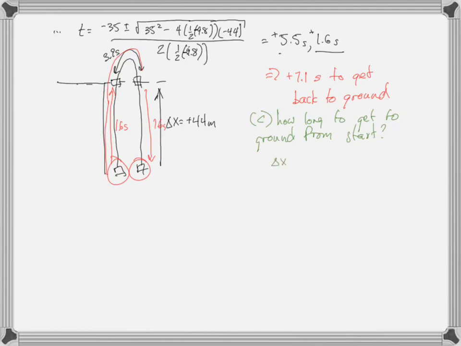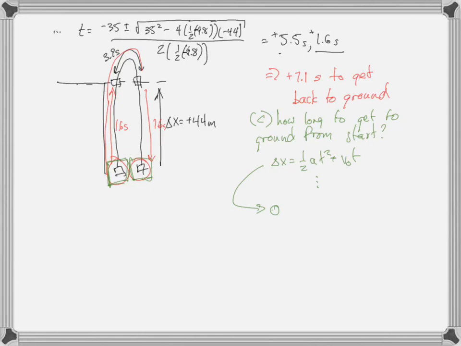Let's check it. Delta x equals 1/2 a t squared plus v0 t. And just to do this quickly, we do all of our steps, but what we will figure out is that we can use this first equation. But what's delta x? Delta x starting from the ground and finishing at the ground is 0.